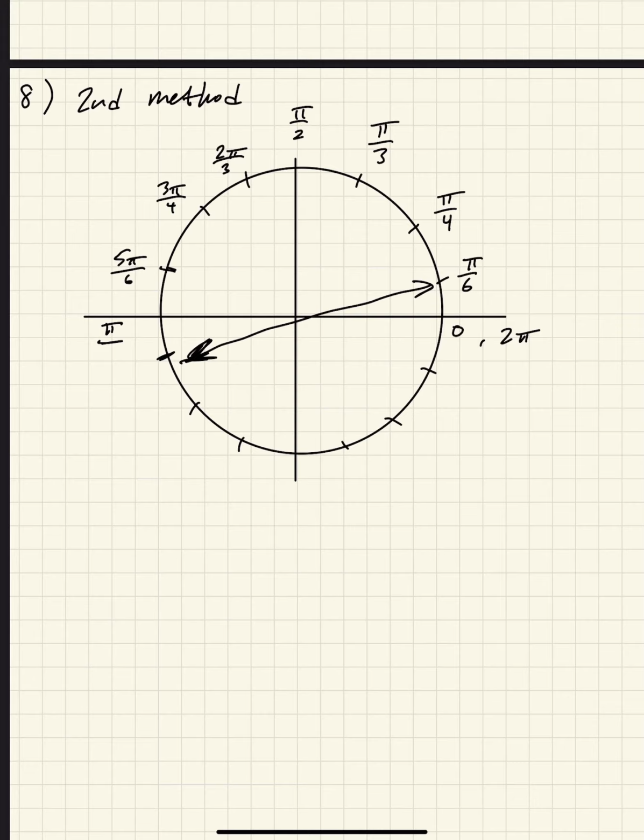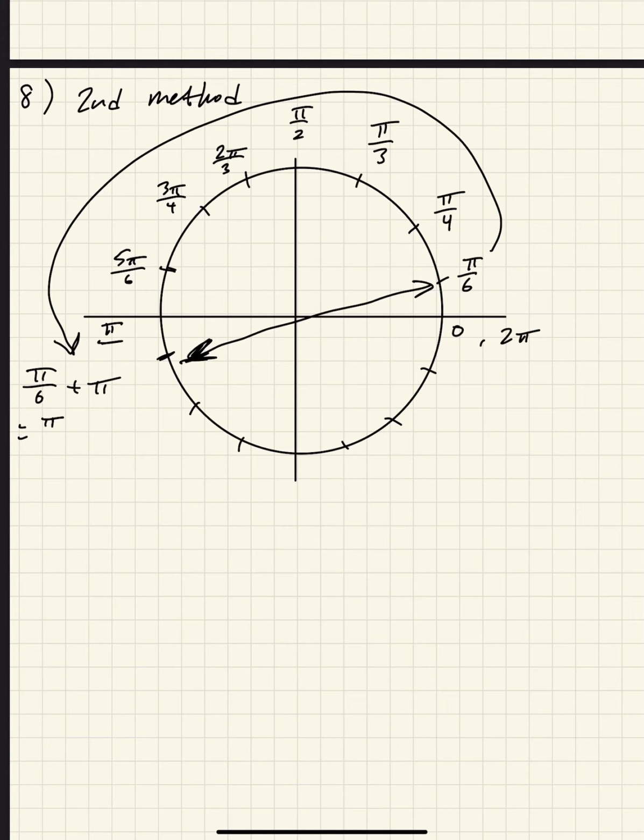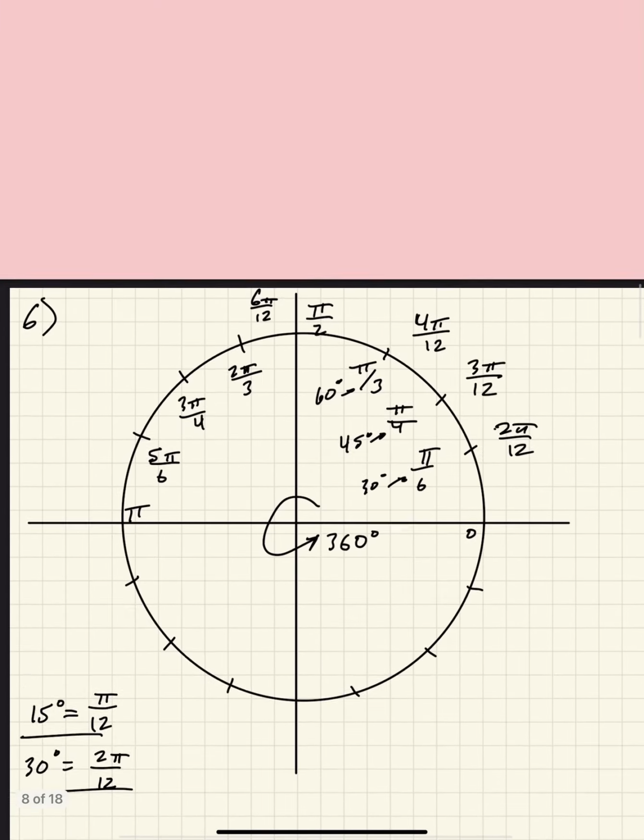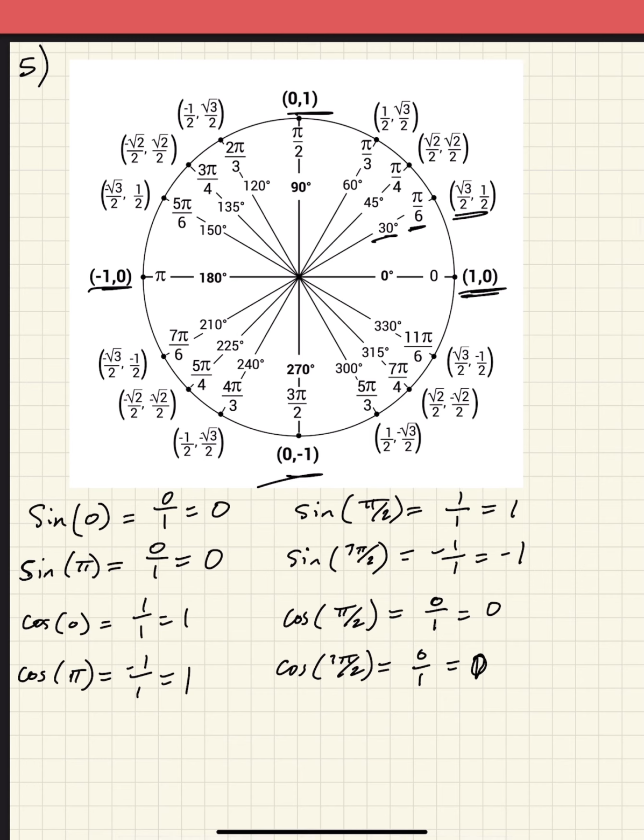So going from this half of the circle all the way around to that half is going to be pi over 6 plus pi, which becomes pi over 6 plus 6 pi over 6, which becomes 7 pi over 6. And we can confirm this because we have a filled unit circle. We see the opposite side of pi over 6 is 7 pi over 6.